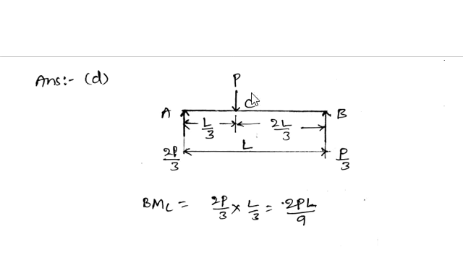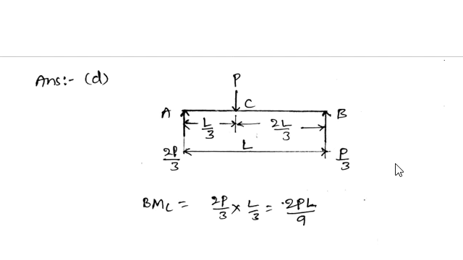If it is L by 3 and only one load is there, then 2P by 3 is the reaction at A, and here since it is 2L by 3, this will become one third of the load, so you can write P by 3. So directly from observing this diagram, the reaction at A will become two third of P, and reaction at B will become one third of P.